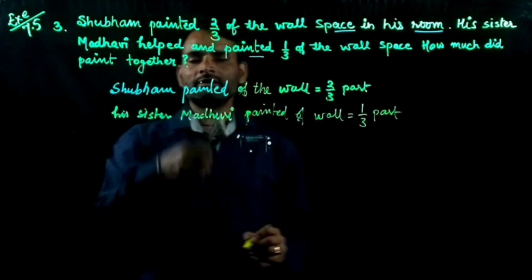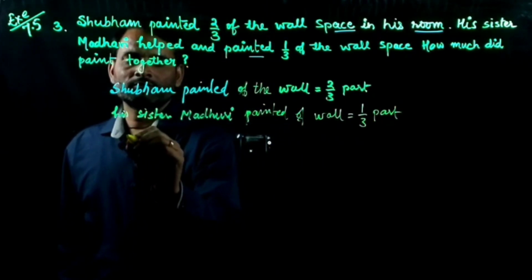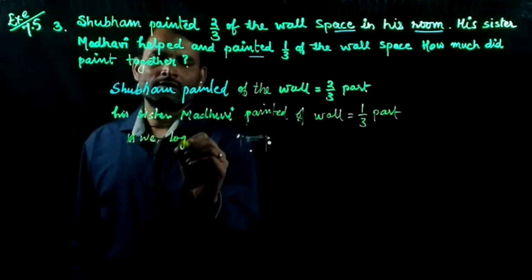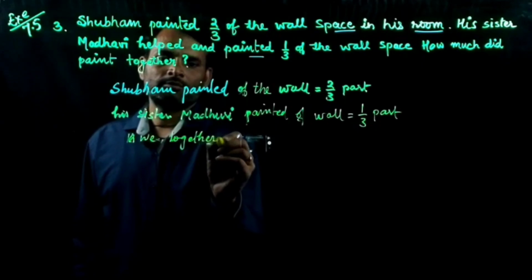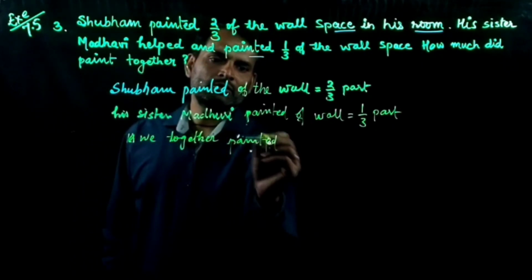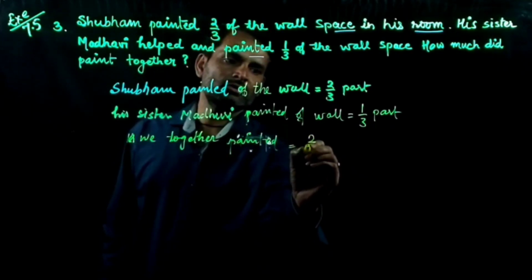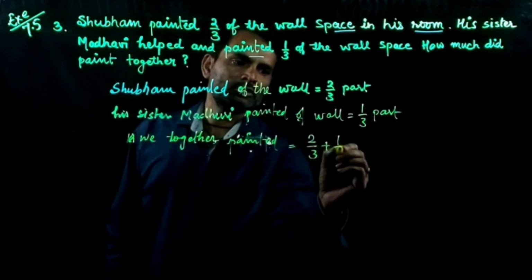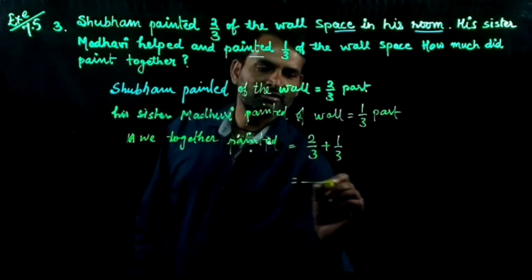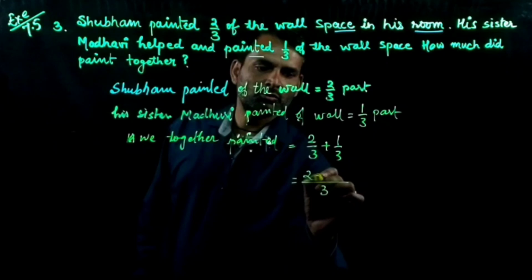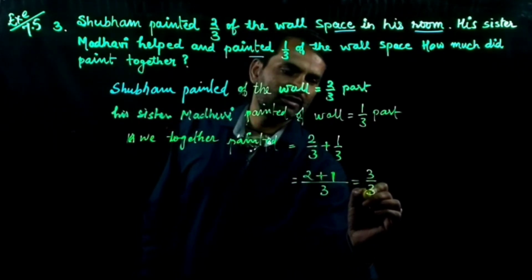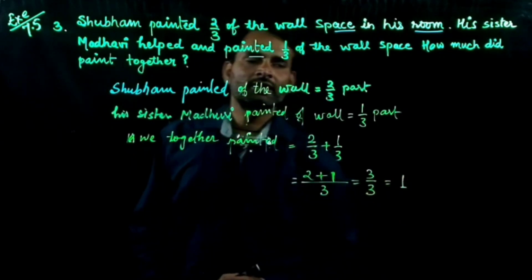How much did they paint together? Together paint means addition: 2 upon 3 plus 1 upon 3. The two parts will be added, the denominator is the same, 3, and 2 plus 1 is equal to 3 by 3. It means the answer will be 1.